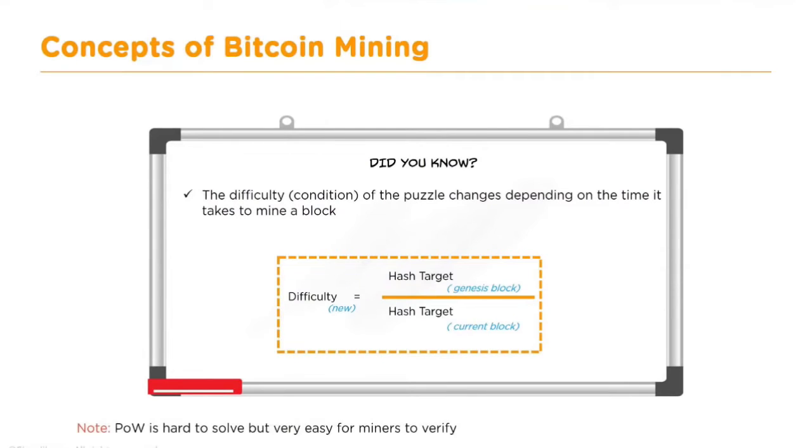Basically, it is very hard to generate the proof of work, but it is very easy for the miners to verify. Once you have solved the puzzle and broadcast it, for other miners it is very easy to verify what you have done. And once the majority gives their consensus, the block gets validated and added to the blockchain.